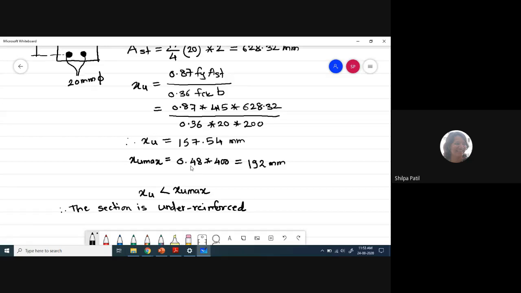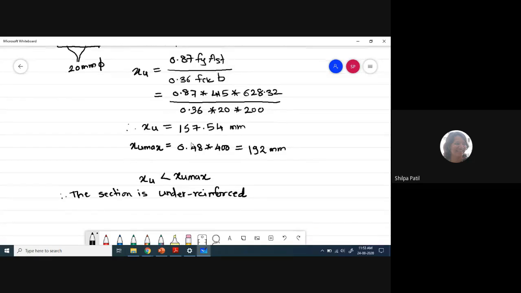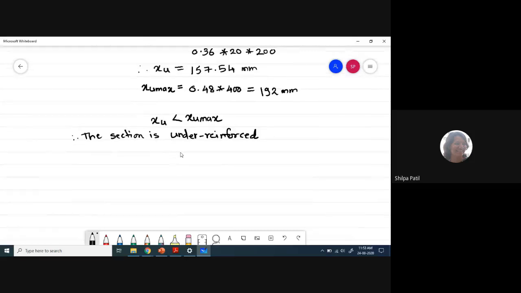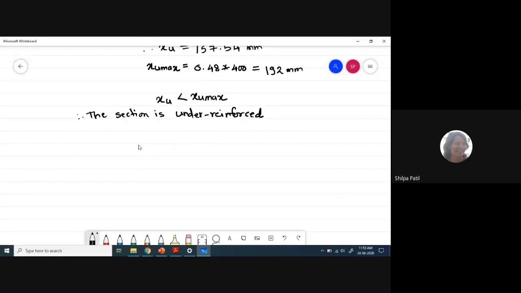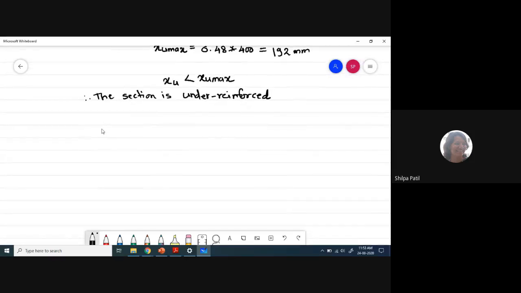I hope you understand my handwriting. Okay. So for under reinforced section, now how do we calculate the moment of resistance? What is the formula of MUR? We can use any formula, right? Some of the students of the class can use the first formula, that is 0.36 fck b XU into bracket 1 minus 0.42 XU, and other students can use the second formula, that is 0.87 Fy AST into bracket d minus 0.42 XU.